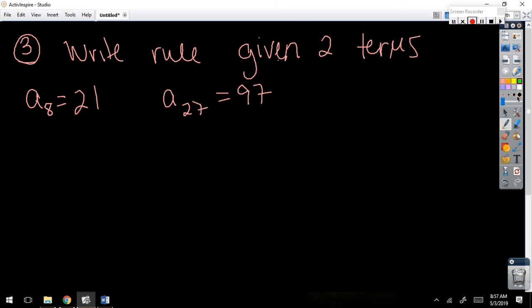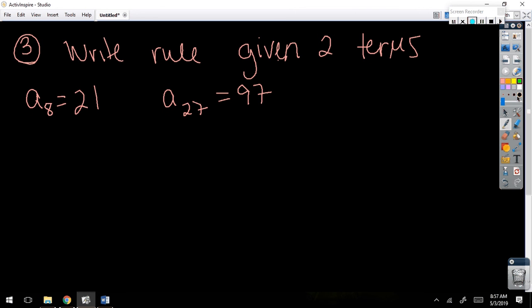How would you find the length between 97 and 21? You would subtract them, and if you know that one of them is in the 8th spot and one of them is in the 27th spot, could you find how much distance is between each one?